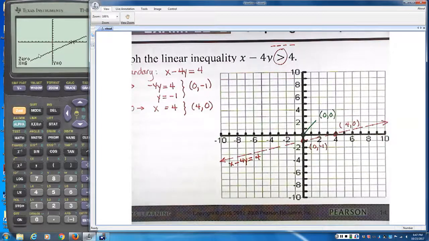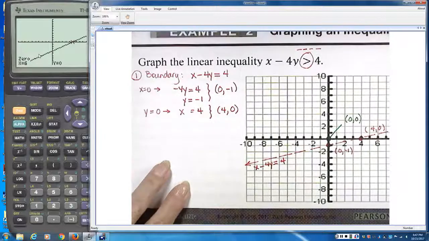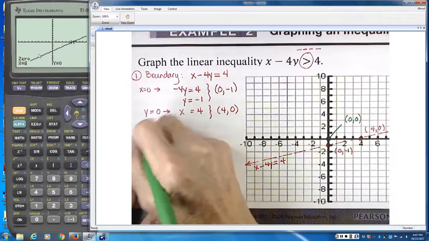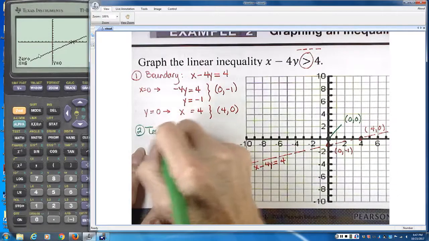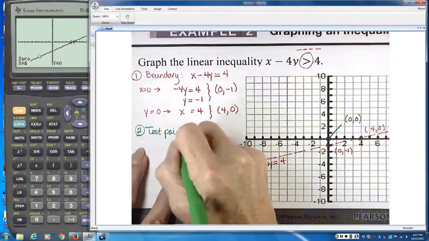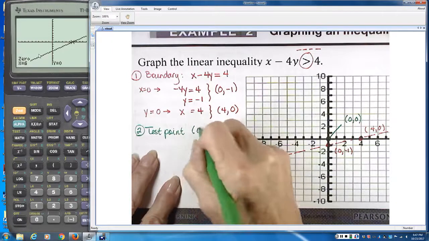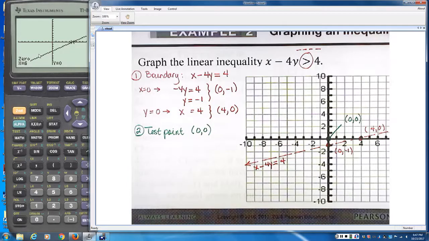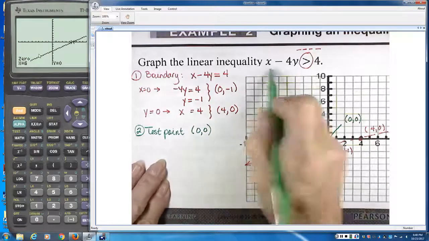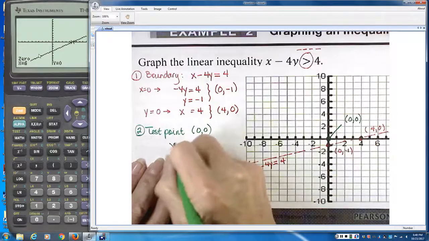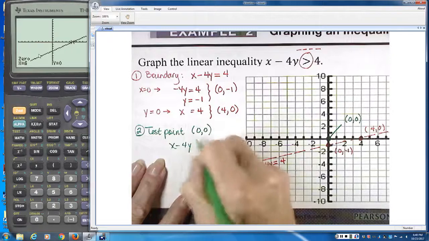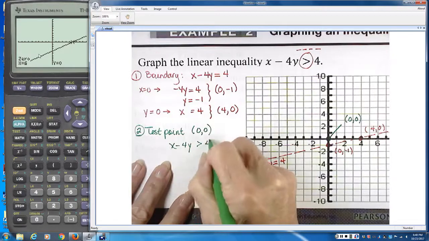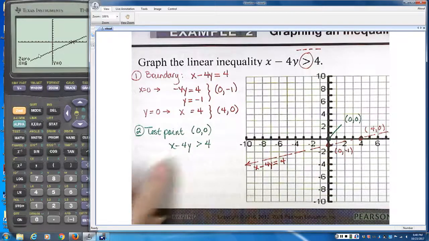Because if I'm going to choose my test point, I like small numbers, and I like 0, 0 the best because 0, 0 makes things disappear. When you multiply by 0, they just go and they're gone. So I go back to the original inequality, and I plug in 0, 0.